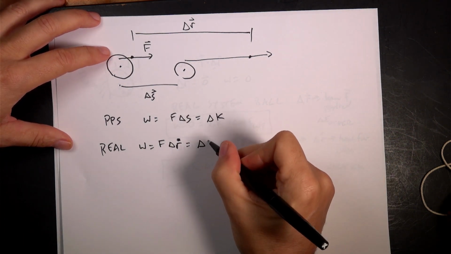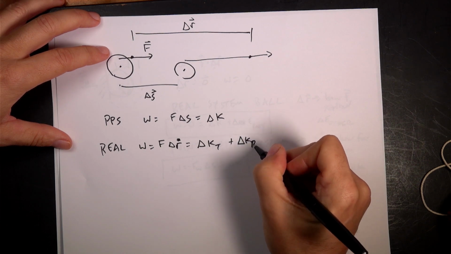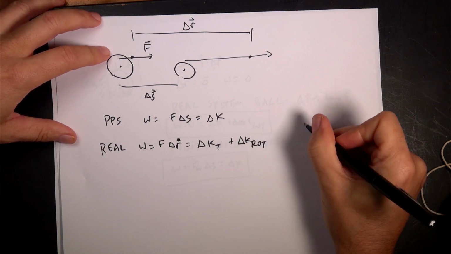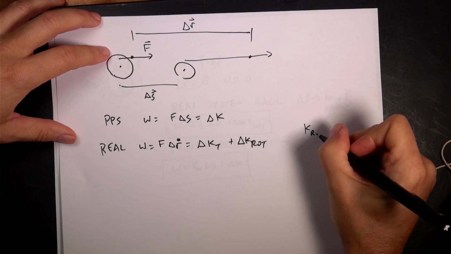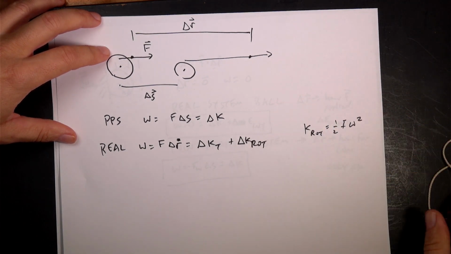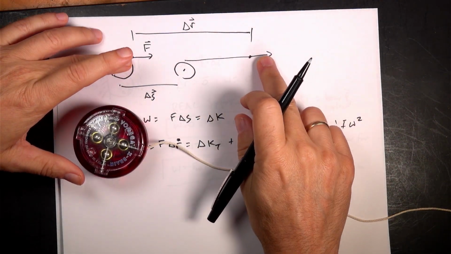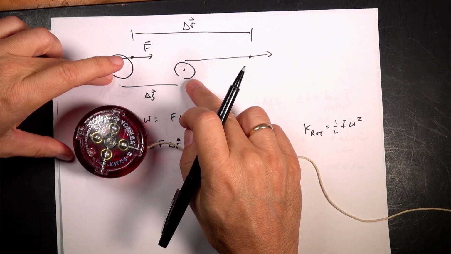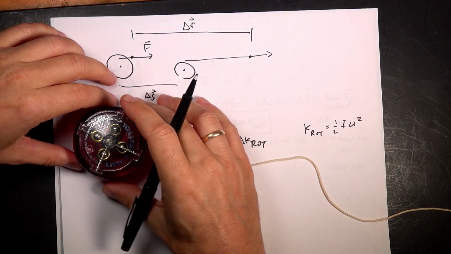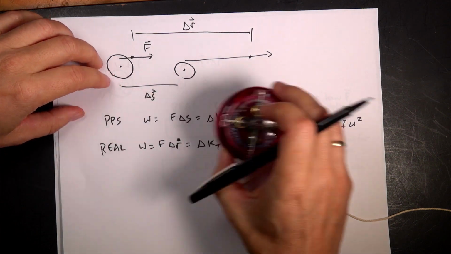And that would be the change in kinetic energy plus the change in rotational kinetic energy, where, just so you know, K rotational would be 1/2 I omega squared. So as this is pulled out, this real force does work greater than just the change in kinetic energy of the center of mass. And that extra work goes into the rotational motion of the yo-yo.